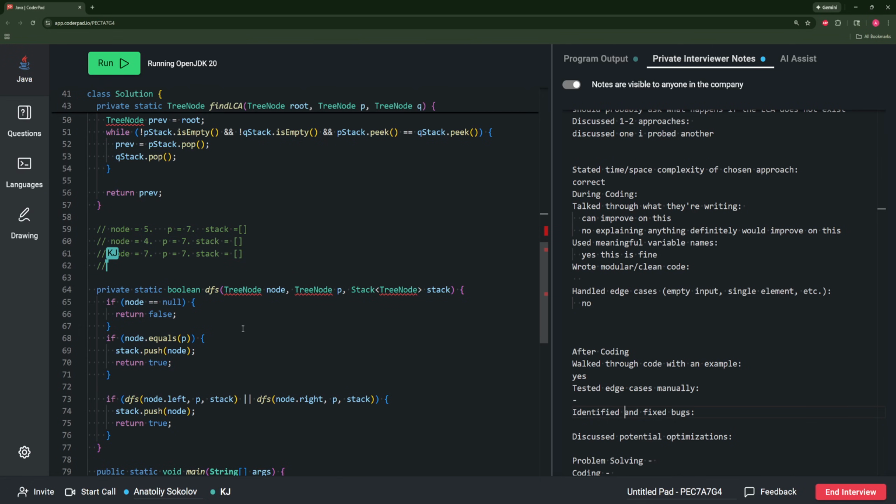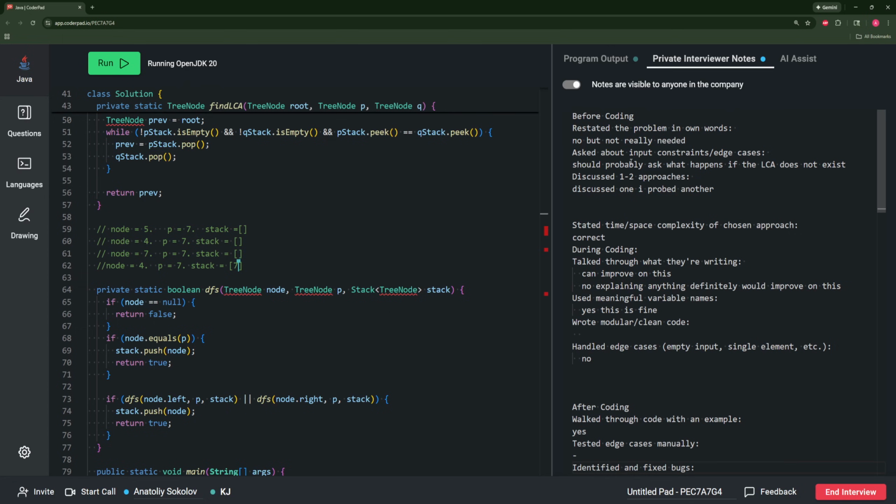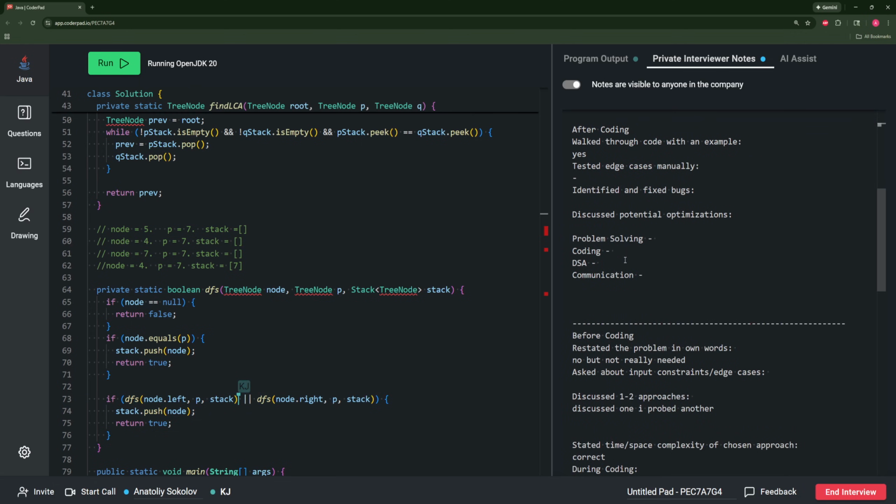So this goes back to node 4, P 7, and stack now has 7 in it. So the first condition has returned true.